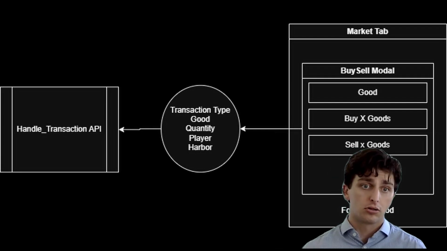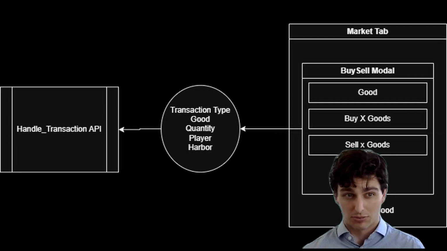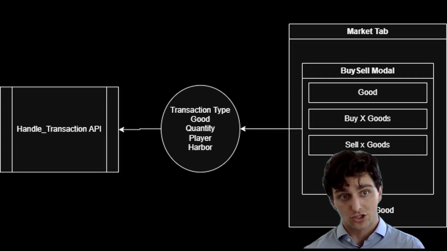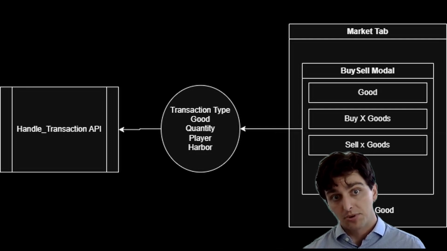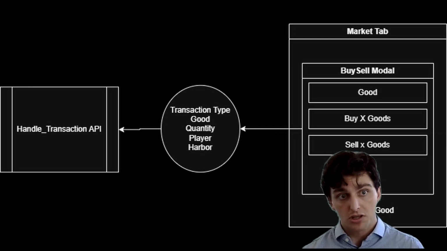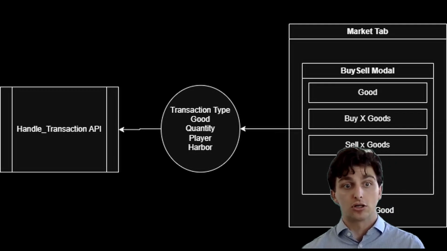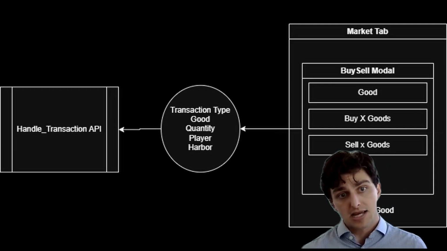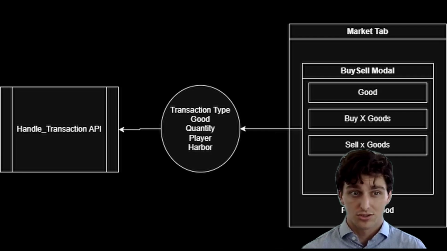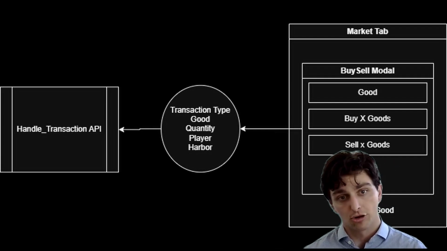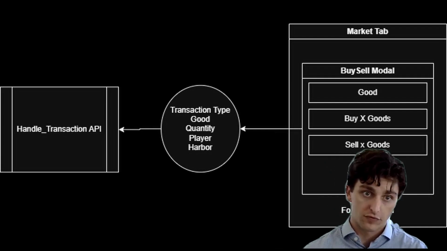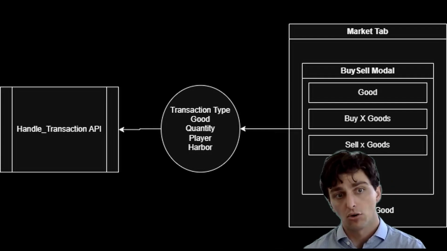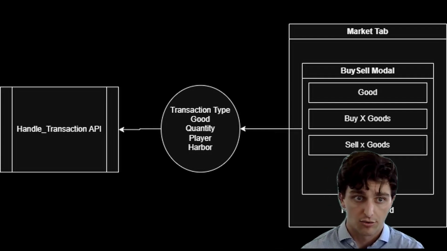The harbor modal is where a lot of the real gameplay was going to occur, the actual transactions. Within the market tab, each row has its own component that I set for each of the goods of the game. The buttons contain the core API transaction calls, so I didn't want to hard code them into a single good and have to put 4 different calls for each good, so the component was really helpful for simplifying the code.